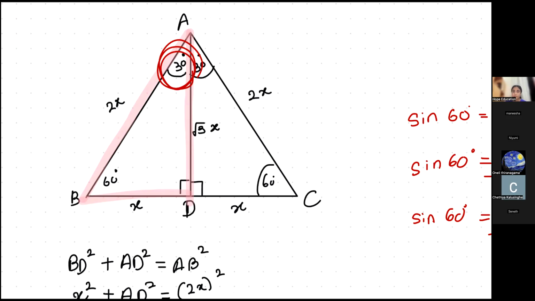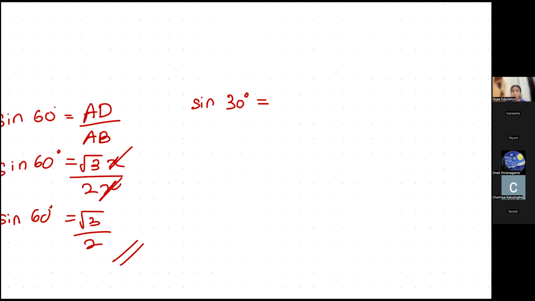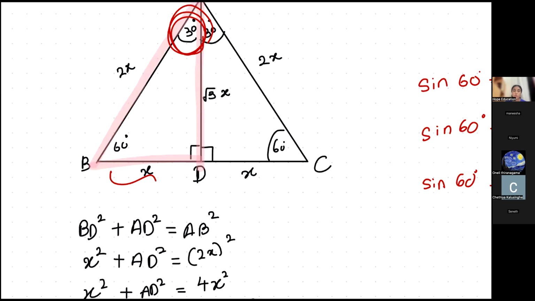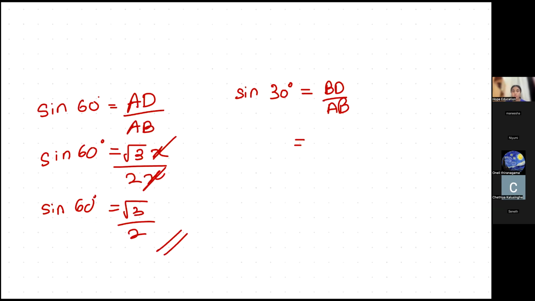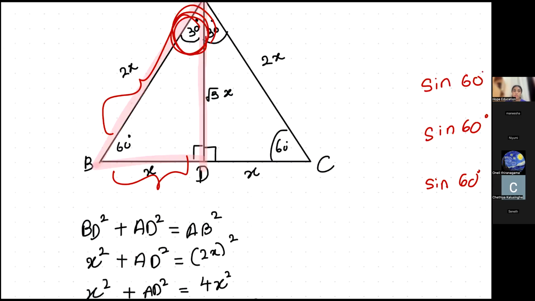AB. So BD over AB. BD is x, AB is 2x. So x divided by 2x, the x cancels, we get sin 30 as 1 over 2, which is half. So that is about sine.